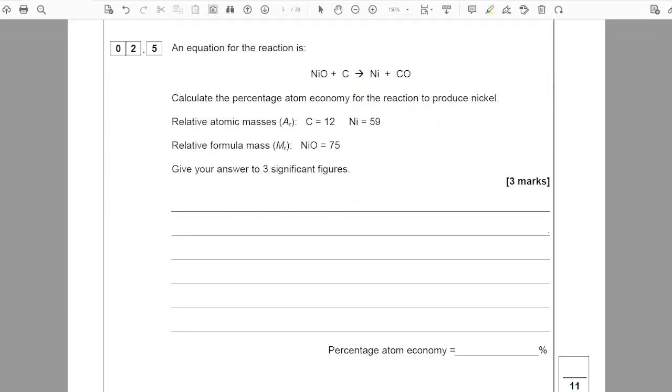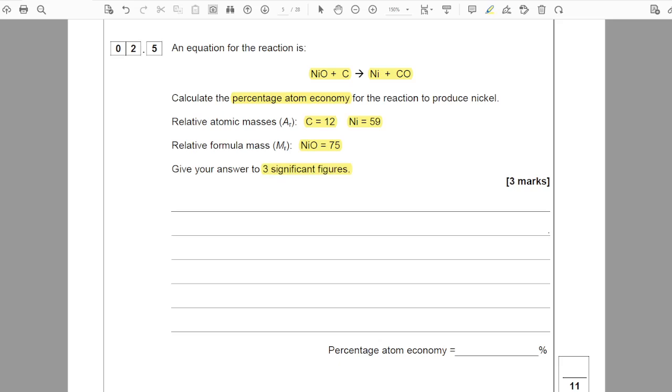2.5. An equation for the reaction is given. Calculate the percentage atom economy for the reaction to produce nickel, and it's given you the relative atomic masses and the formula. It says give your answer to 3 significant figures. It's asking us for the atom economy for nickel, and nickel has a relative mass of 59. What we want is nickel.